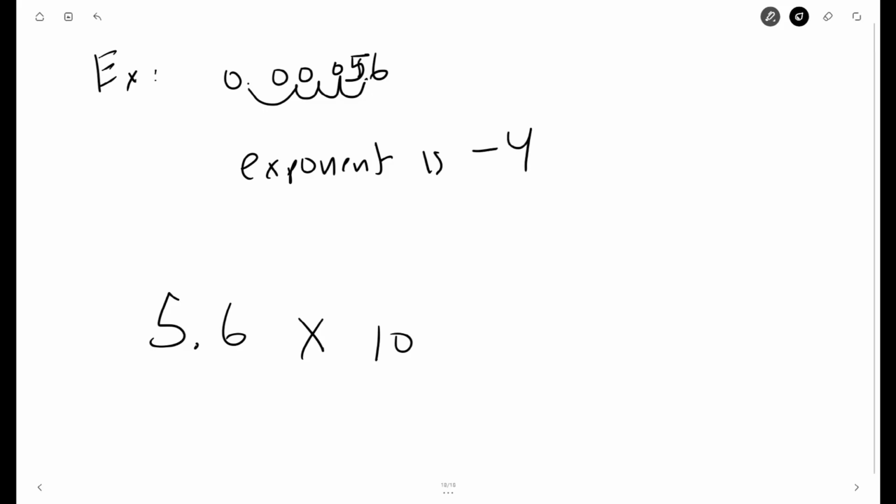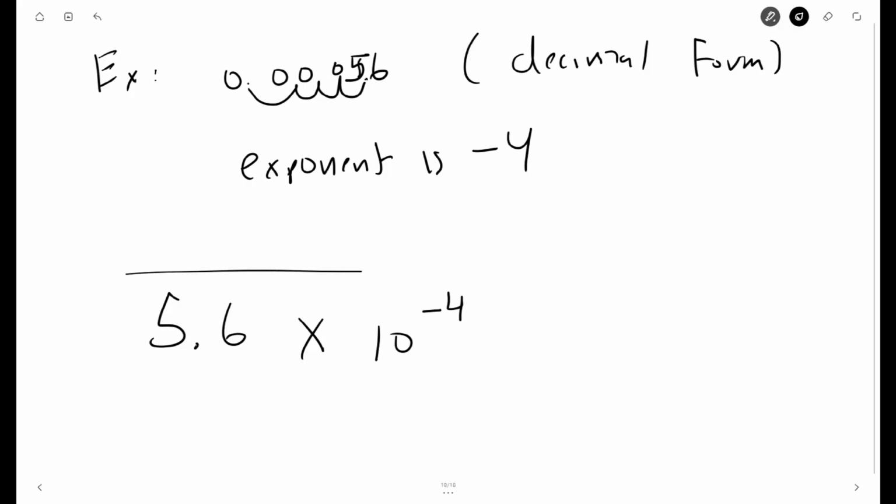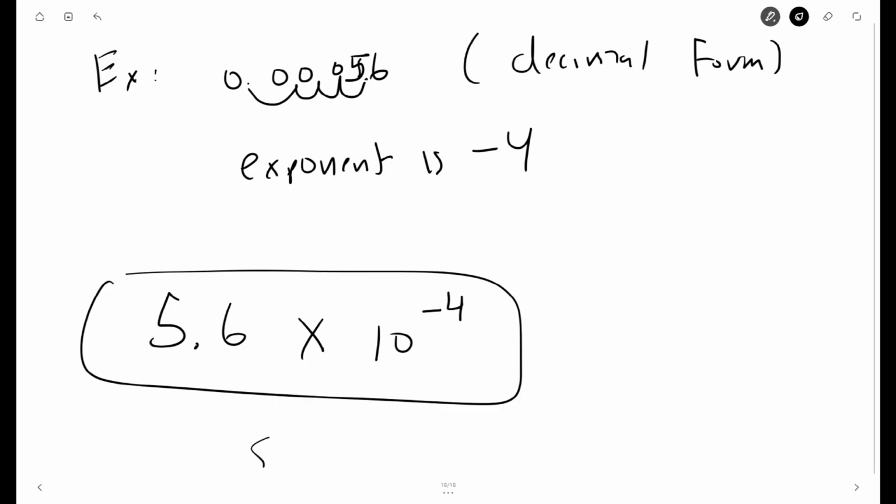If we want 5.6 in standard form, we need to move 4 places to the left. So that means it has to be negative. So 5.6 times 10 to the -4. So that will be in standard form.